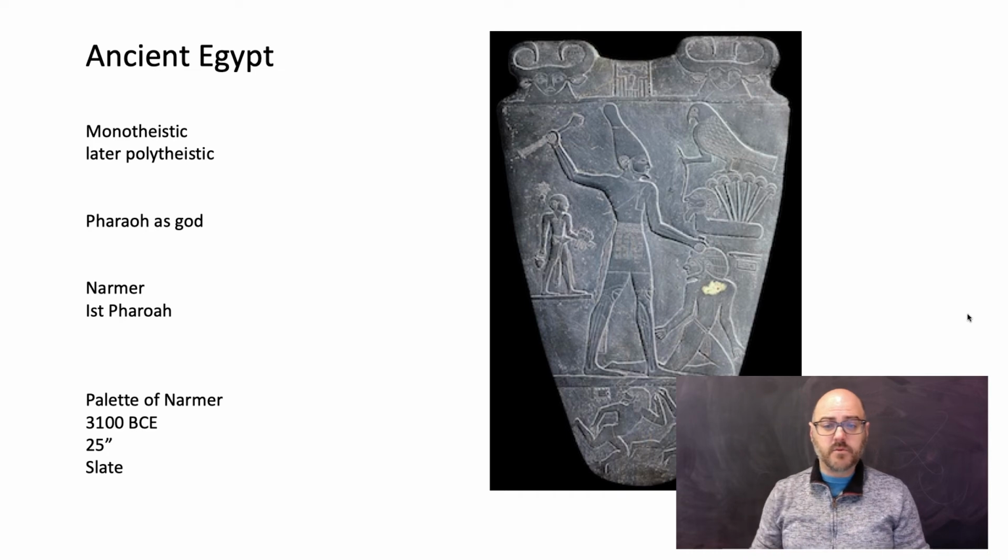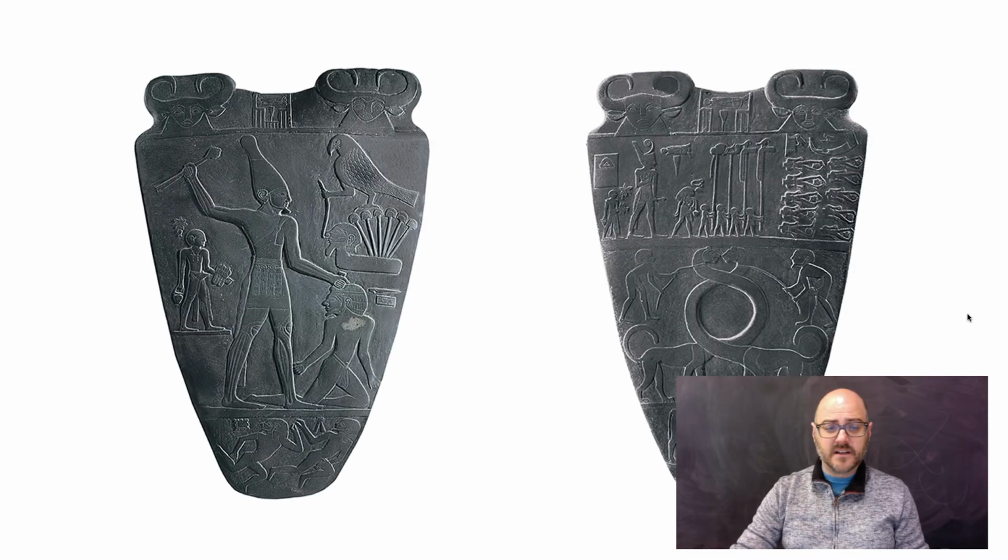And this is a really important object. Egyptians believe that this is the most important artifact of Egyptian culture, and it's called the Palette of Narmer. This is about 5,000 years old, and this is from the Old Kingdom. What's really interesting about Egypt is that the culture existed for about 3,000 years, and there's very little change in how buildings were built and how art was made.